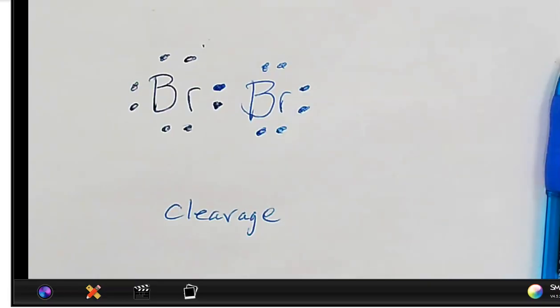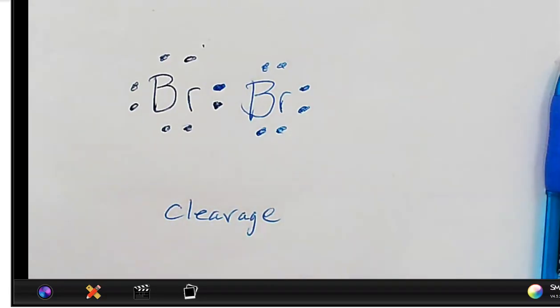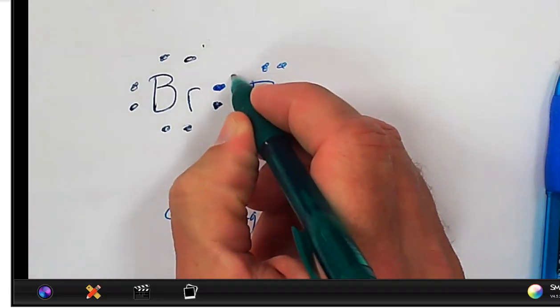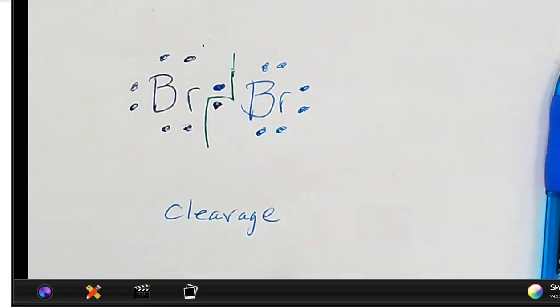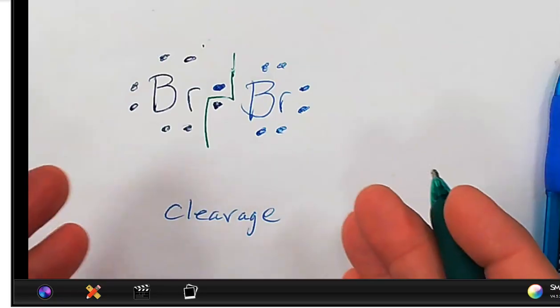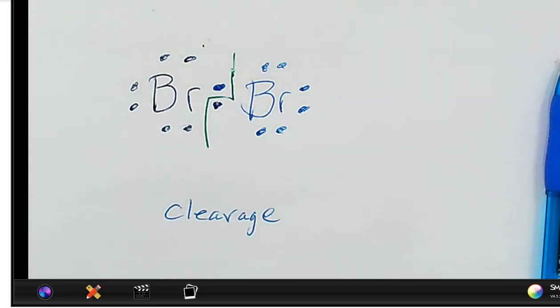But to form radicals, rather than splitting this so that 2 electrons go to one element or the other, we split them evenly. We'll cut them through that way, which returns us to the 2 bromine atoms that were joined together to make the bromine molecule, which is a diatomic molecule, 2 atoms in it.